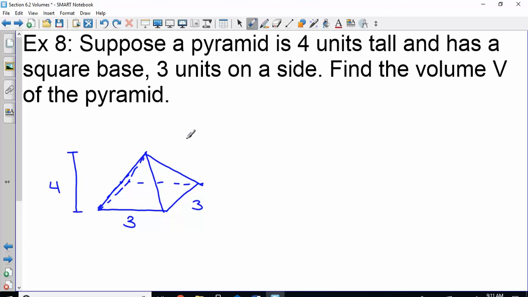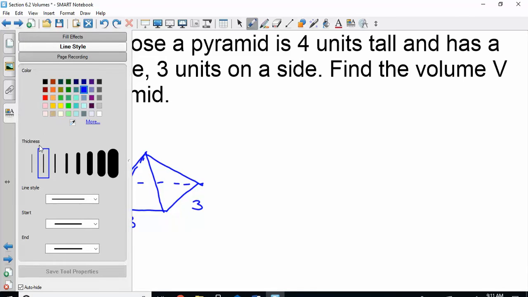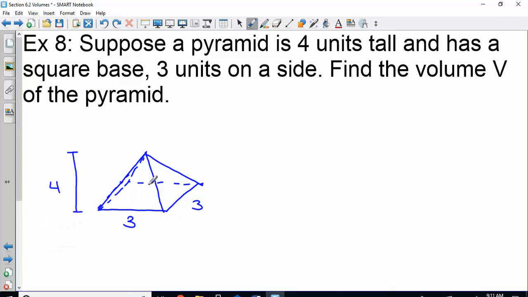We would need to look at a cross section. So if I slice the top off this and looked at this cross section, what shape would we be looking at? A square. So for area of the cross section, we're not doing pi r squared this time. How do you find area of the square? Length times width.